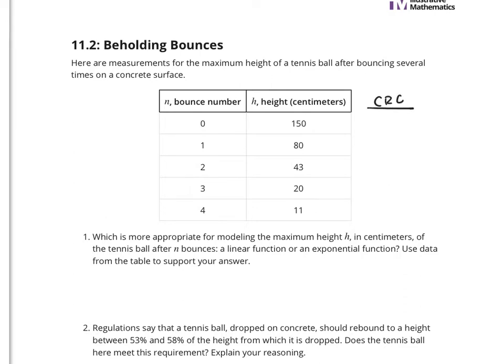between bounce 1 and bounce 2, that would be the difference of 150 and 80 over 1. The difference of 150 and 80 is 70, so that's 70 over 1. Between bounce 2 and 3, I would do the difference of 80 and 43 over 1, which would be 37, and so on.